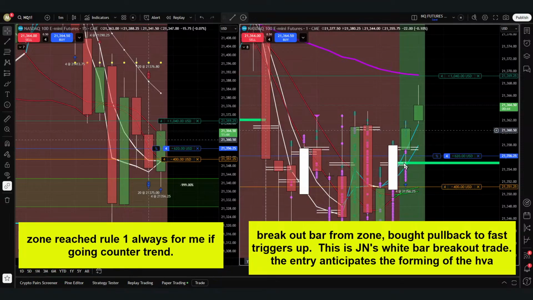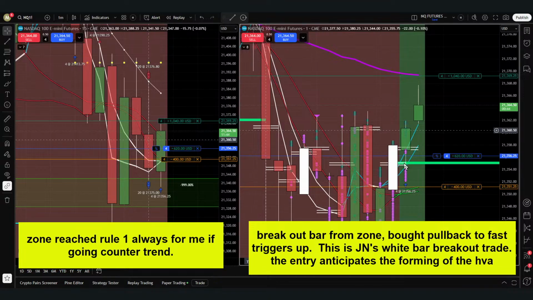What I'm doing is I'm going to try to predict the formation of that line. And when the market goes up and snaps back to that high volume area before the confirmation bar is true, all I'm doing is getting in where I hope that HVA line comes in.